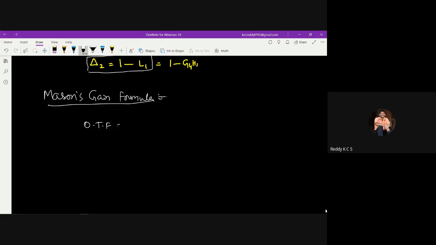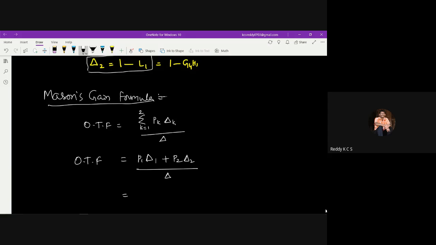Overall transfer function is equal to the summation of k equal to 1 to 2, because there are 2 forward paths, of Pk del k divided by del. That means P1 into del 1 plus P2 into del 2, divided by del. So this is the overall transfer function. So substitute all the values.